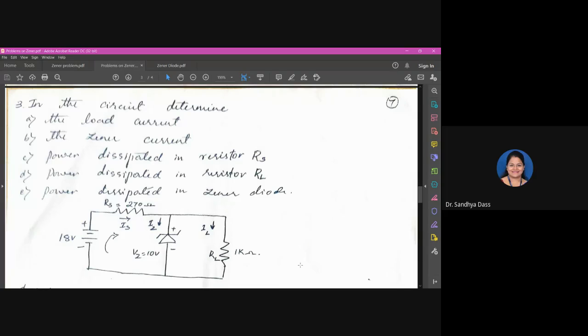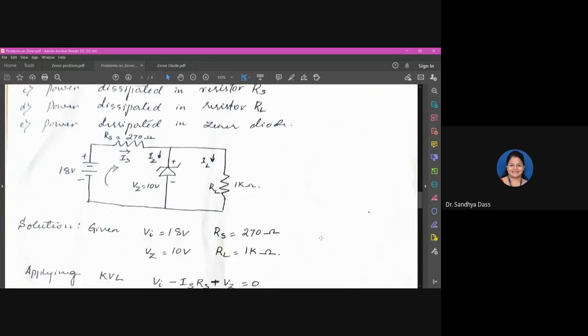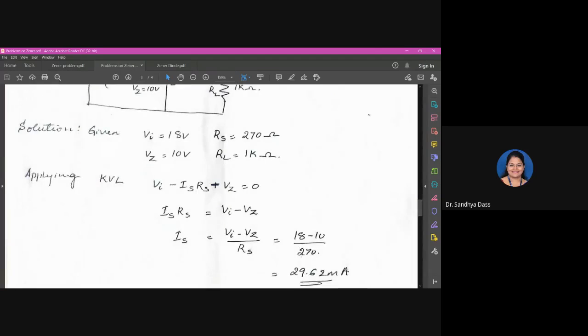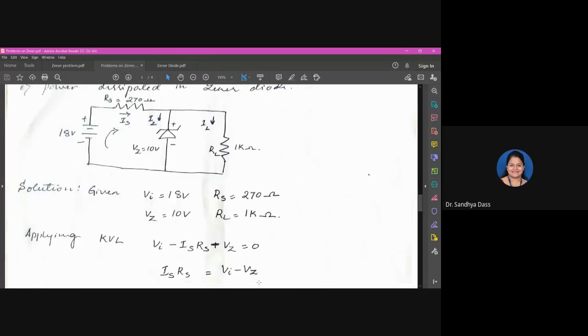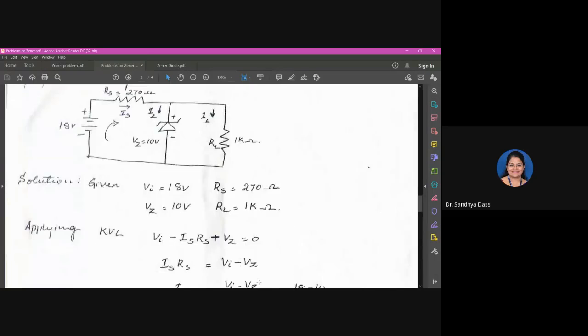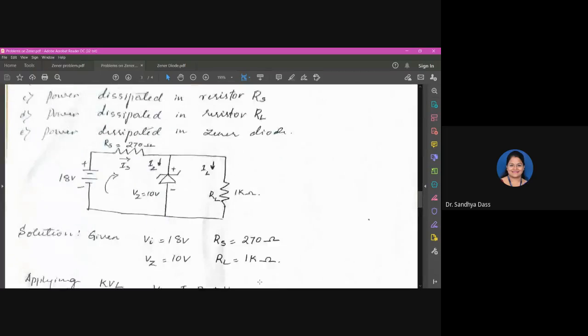Ma'am, is the load current 0.01 amps? Yeah, Ashwija, I request you to please hold on your answers. I'll ask you. What did you say? What was the answer? Load current, 0.01.